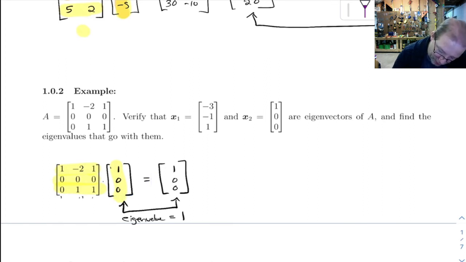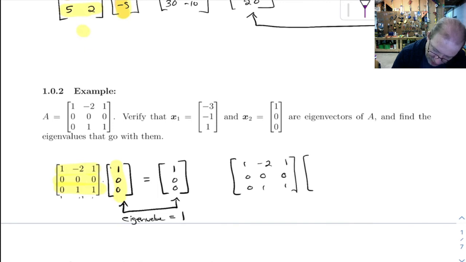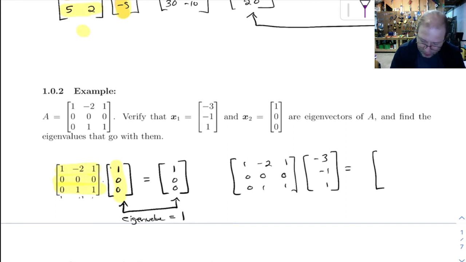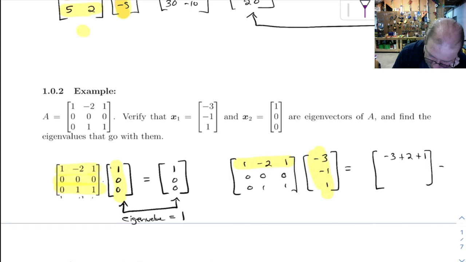All right, let's do the other one. If we take this and multiply it by negative 3, negative 1, 1, what do we get? This top row, we get negative 3 plus 2 plus 1, so that's 0.